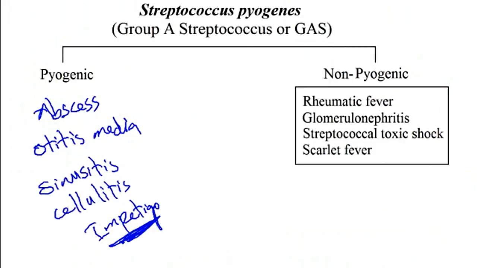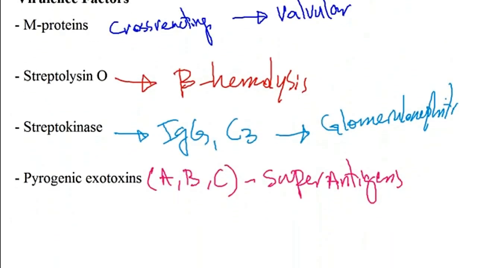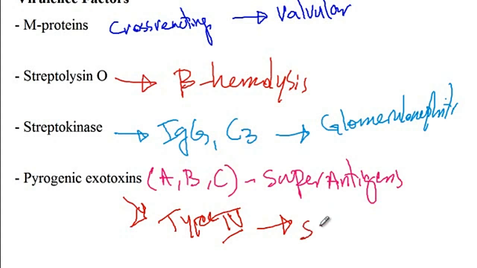We've already discussed that these virulence factors can cause rheumatic fever, acute post-streptococcal glomerulonephritis, as well as streptococcal toxic shock syndrome. The last condition is scarlet fever, which is from the delayed T-cell reaction against the exotoxins. So type 4 hypersensitivity reaction, also known as delayed hypersensitivity reaction, can lead to scarlet fever.